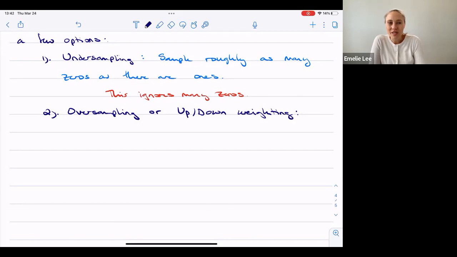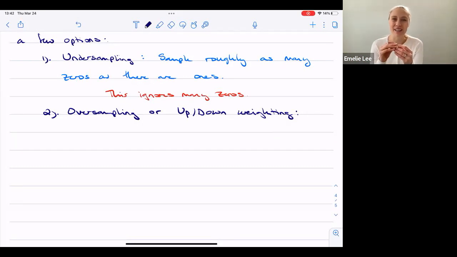So if we're oversampling, then what we're doing is we're resampling those ones, right? And so I'm allowing all the zeros to be in my sample, but then I'm resampling, or giving a heavier weight to all the ones, to kind of recreate them. You can see the problem there, right? Because then you just have a bunch of these ones floating around, and it works. It does work.